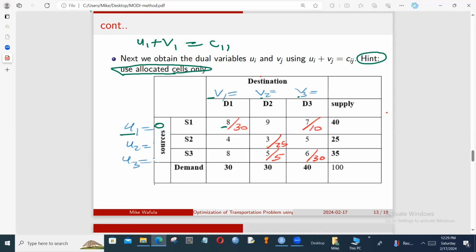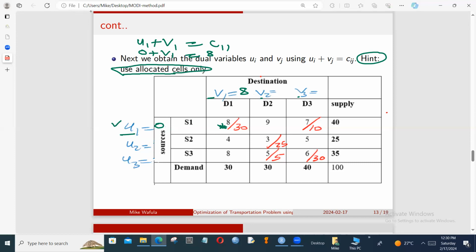So if I've fixed U1 to be 0, then 0 plus V1 must give me 8. What do you think will be the value of V1? So V1 would be 8. Thank you.